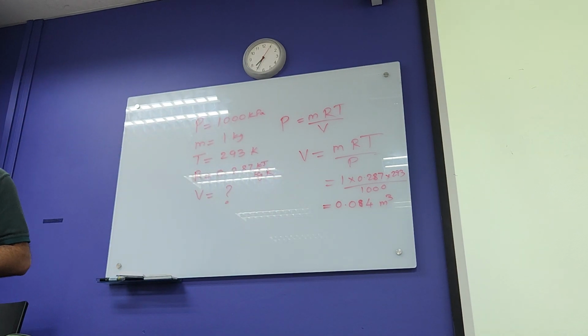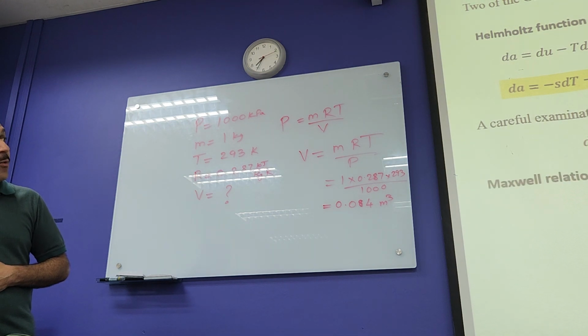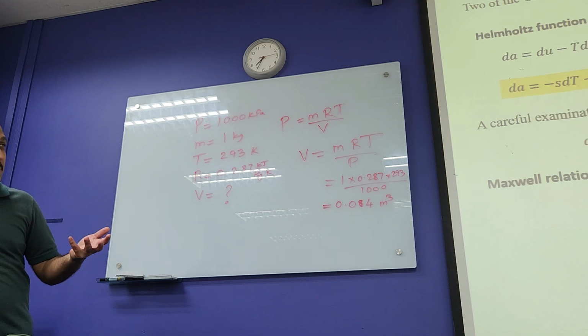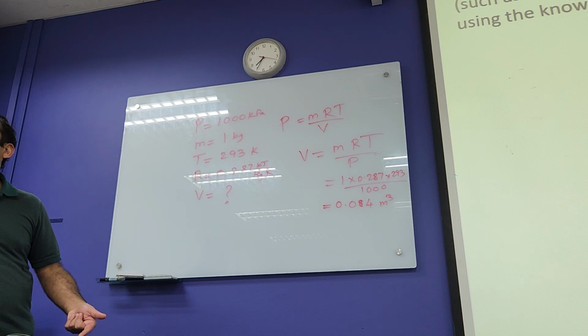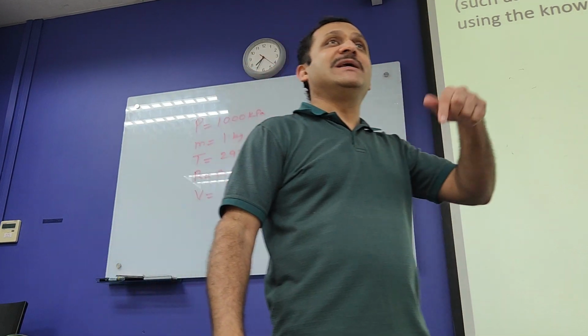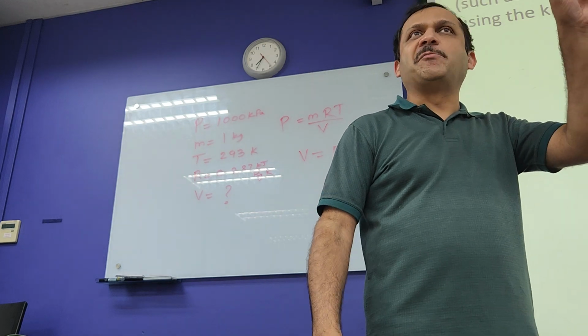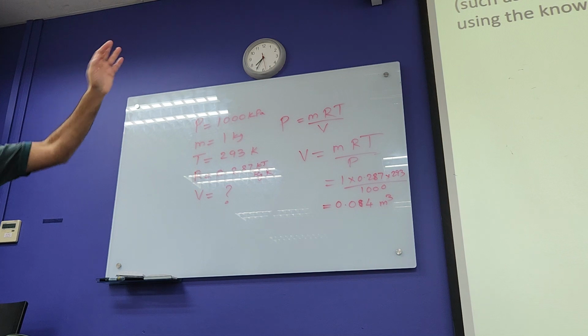Okay. So then I've gone through Maxwell's relations in the lecture. Why they're important: you don't need to remember all of these, but they help us estimate properties such as internal energy, enthalpy, entropy using temperature, pressure, volume. That's it, these three properties. If you know these three properties, you can find all other properties.